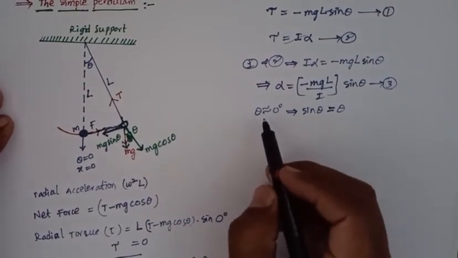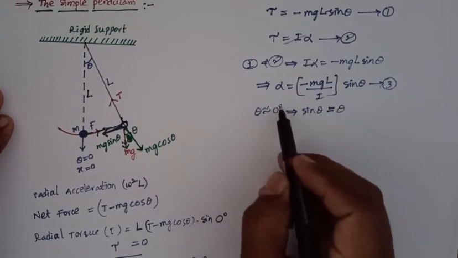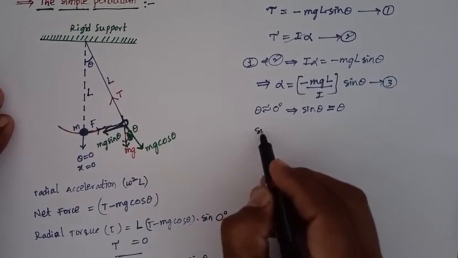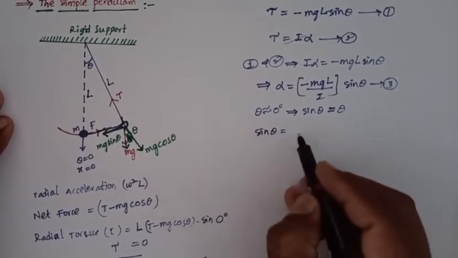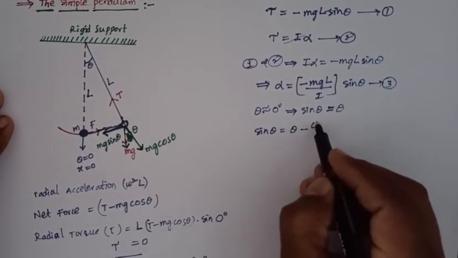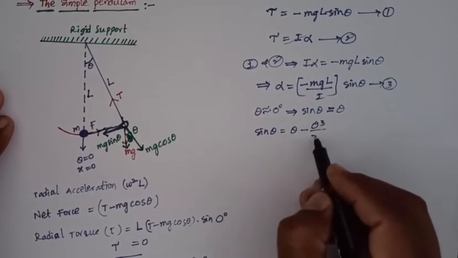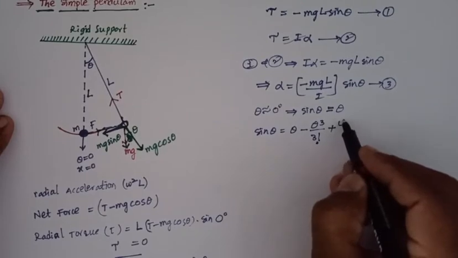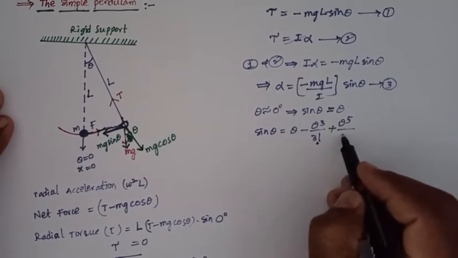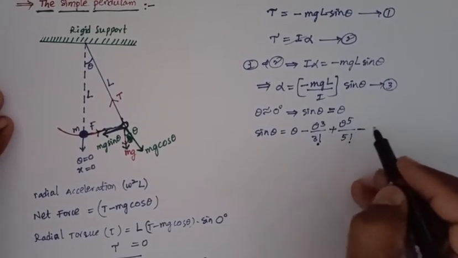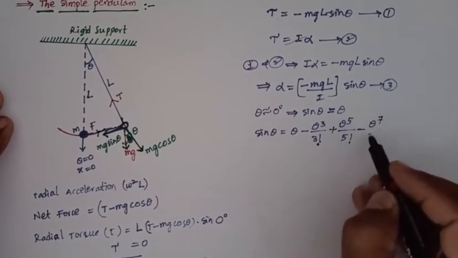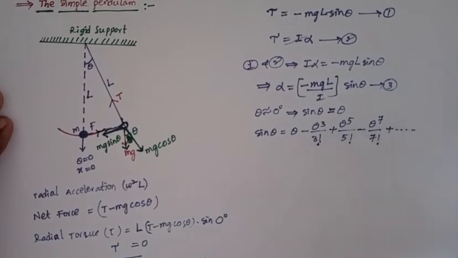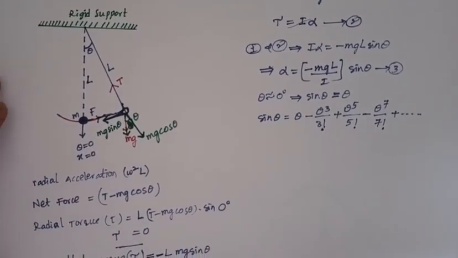When theta is approximately 0, it is very small, so sin theta equals theta minus theta cube by 3 factorial plus theta power 5 by 5 factorial minus theta power 7 by 7 factorial plus so on. So this is the equation.